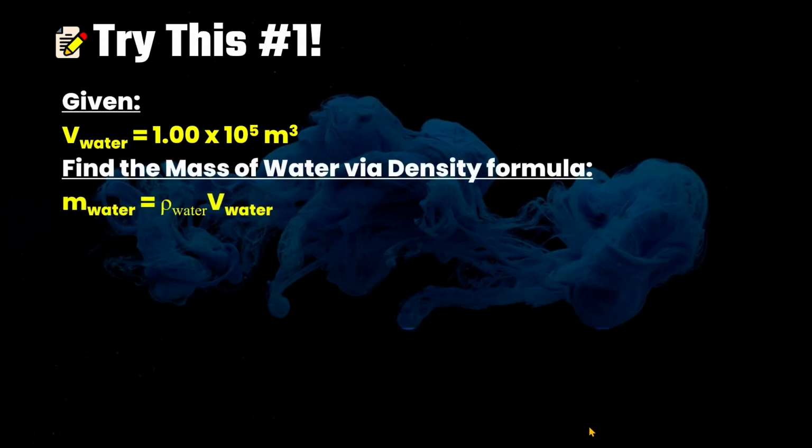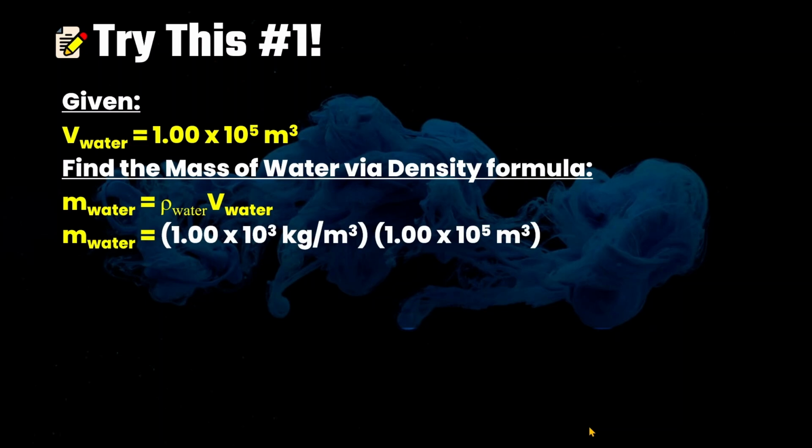Let's find the mass of water first by the density formula. So the density of water, this is already given, and I'm expecting you to have memorized this already: 1.00 times 10 raised to 3 kilogram per cubic meter, times the volume of water, 1.00 times 10 raised to 5 cubic meter.